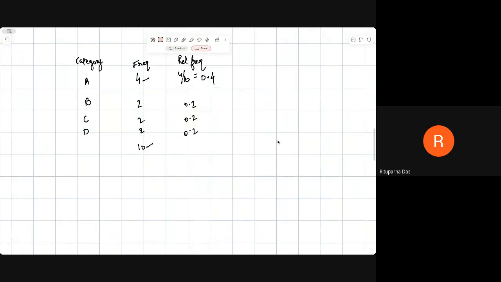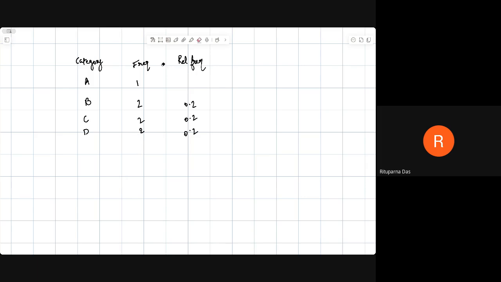So, bimodal and multimodal data. If two or more categories have the highest frequency, for example, if this was one, then the total here would be seven. Anyway, never mind.